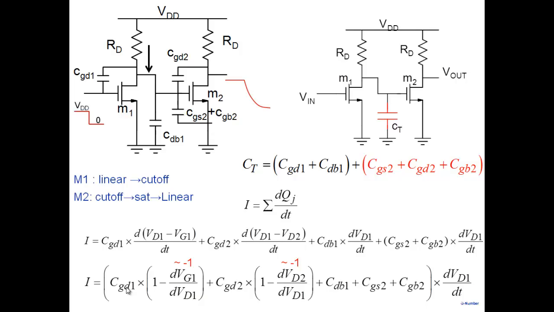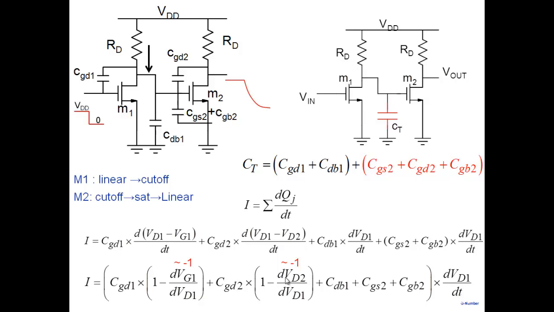So that's why many times you will see in books, they will put this as -1, and they will put this as 2 CGD1 on an average. On an average, you can say the contribution of CGD1 is twice because of this one here.